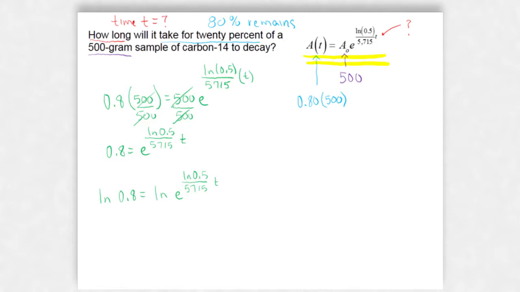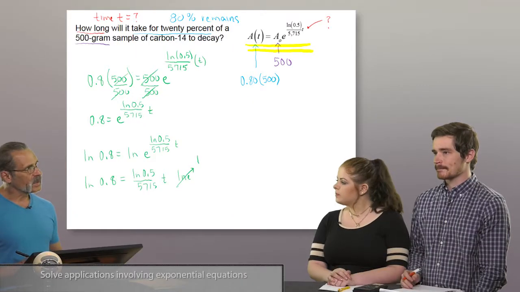So the natural log of 0.8 is equal to the natural log of 0.5 over 5,715 times t, times 1, because the natural log of e is 1. So we're basically done.